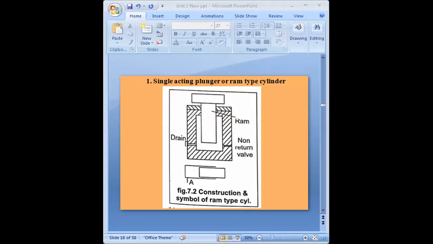Whether you understood or not, please write in your comment whether you understood the construction of the single acting cylinder, single acting plunger or ram type cylinder. And please draw this diagram quickly so that we can go to the next type.